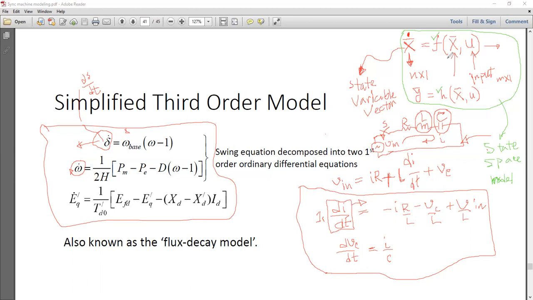A special case of the non-linear case is that either you may linearize the original non-linear model, or you may have a linear model on its own from the very beginning. So if it is a linear form, the same state space model can be represented with the help of matrices in this way.